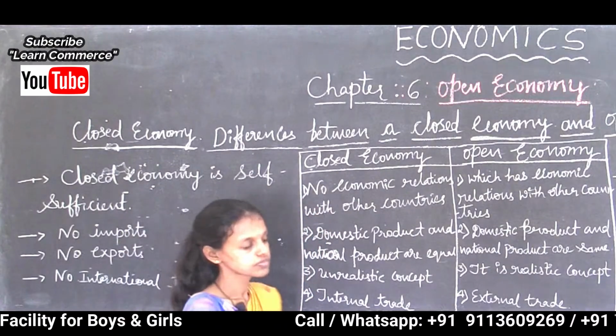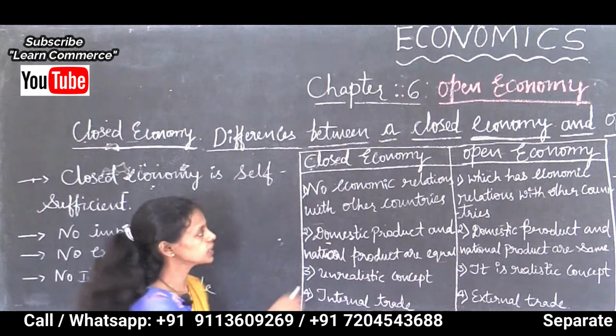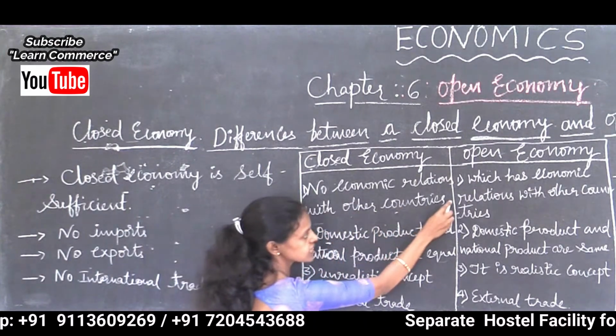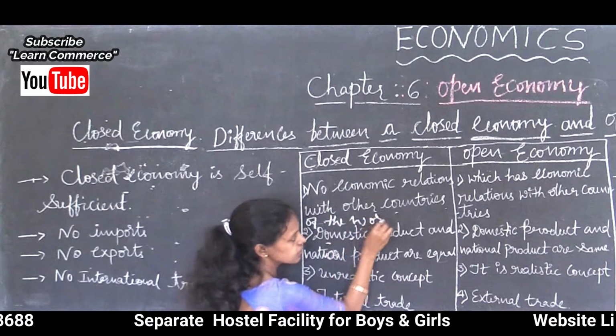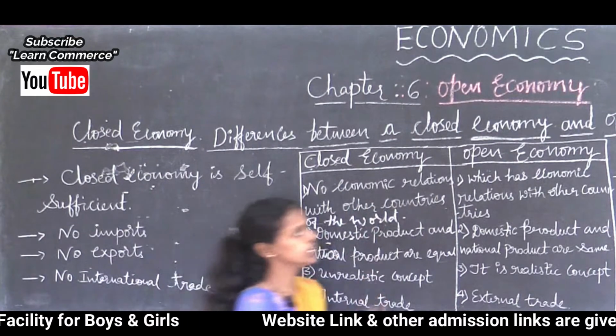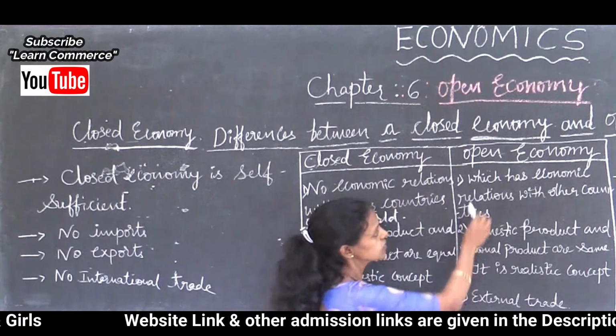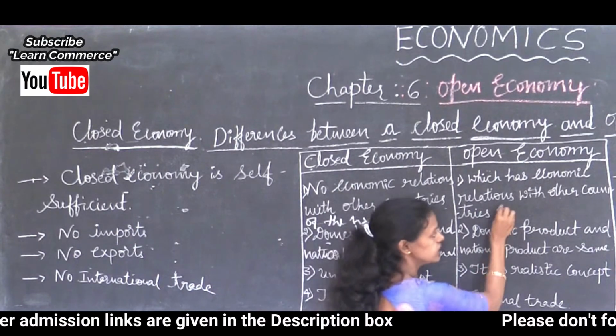See here, a closed economy is an economy with no economic relations with other countries of the world, which means there is no external trade in a closed economy. An open economy has economic relations with other countries of the world.